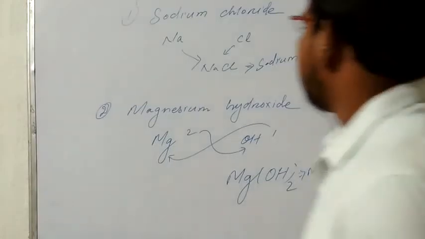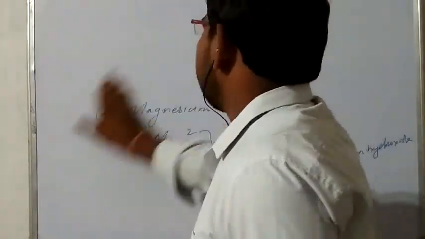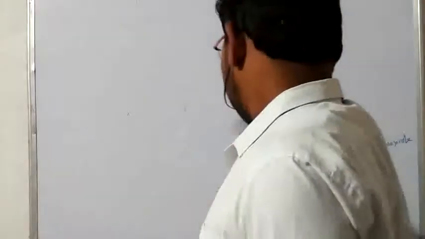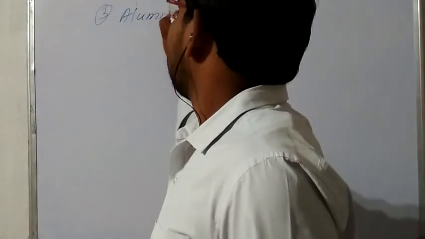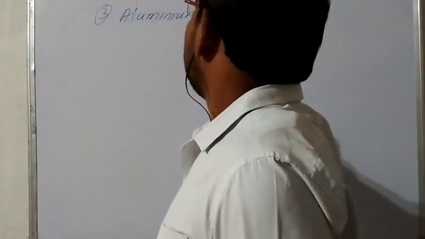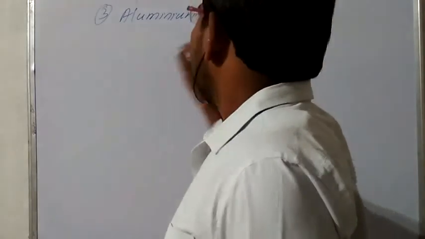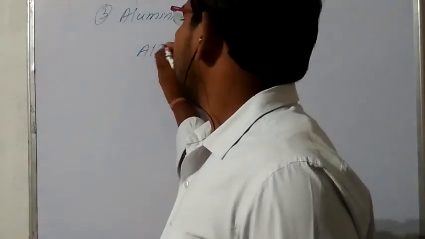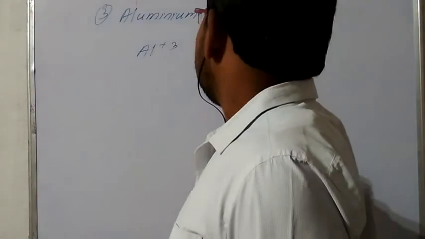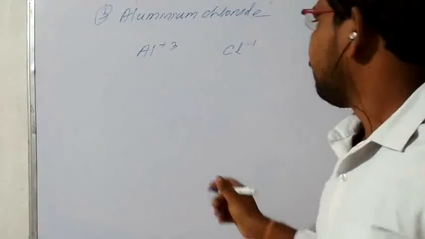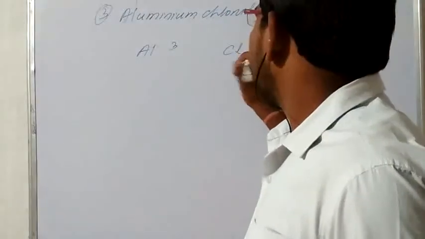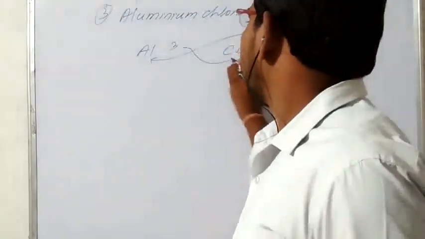Another example we have discussed, that is aluminum chloride. Okay, in aluminum chloride, aluminum is present as Al plus 3 and chlorine is present as Cl minus 1. Okay, so the plus and minus signs cancel, this one will come to this and this 3 will come.